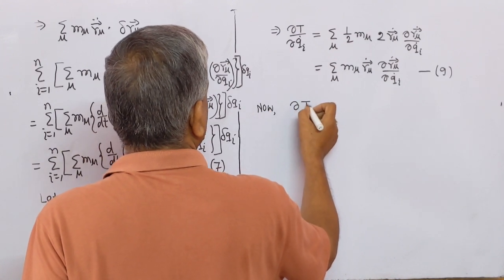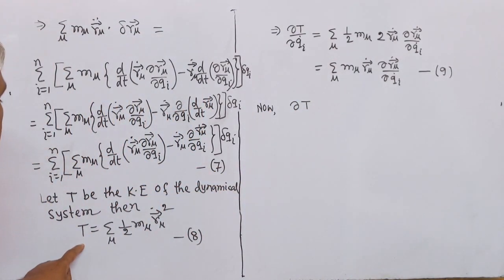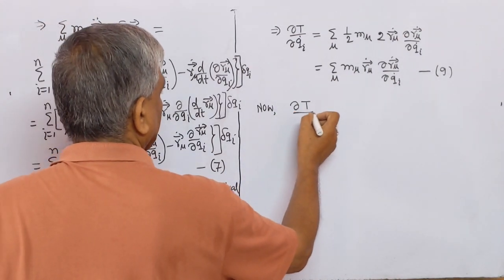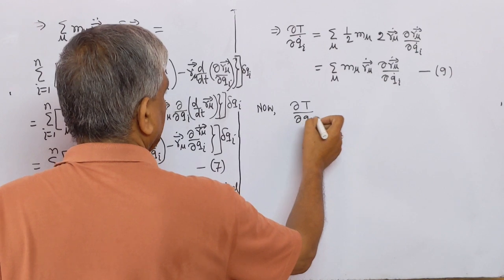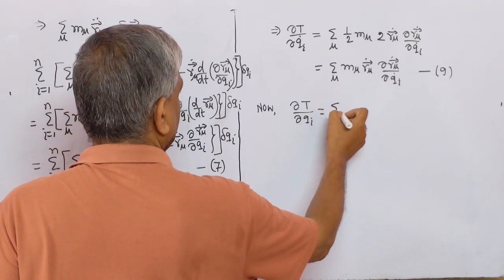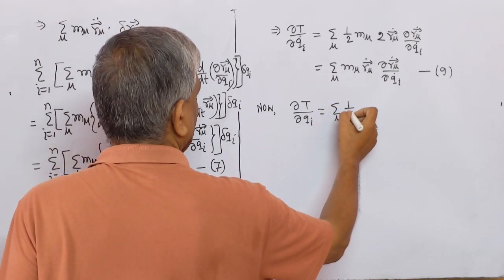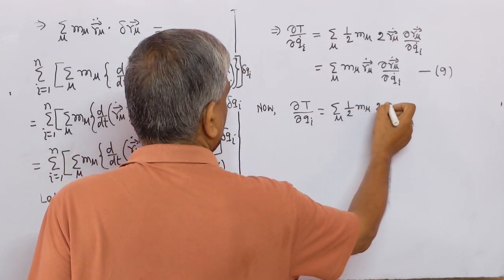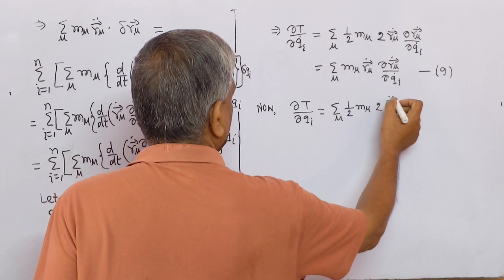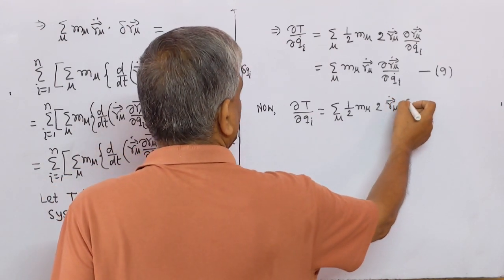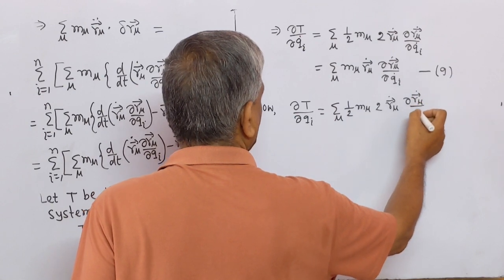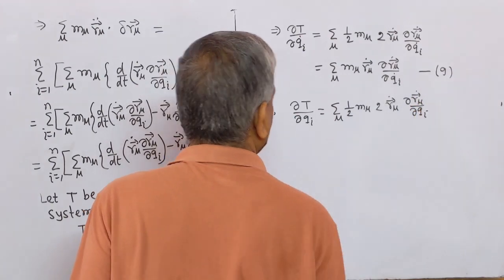Now partial derivative of T with respect to q_i equal to sum over mu of half m_mu, two r_mu dot dot partial derivative of r_mu dot vector with respect to q_i.